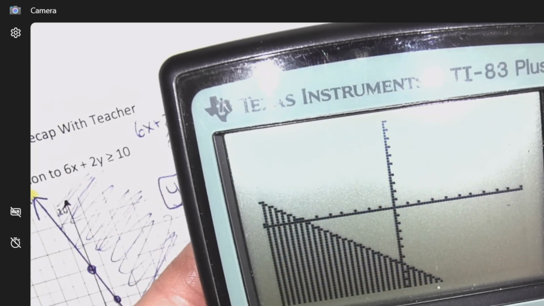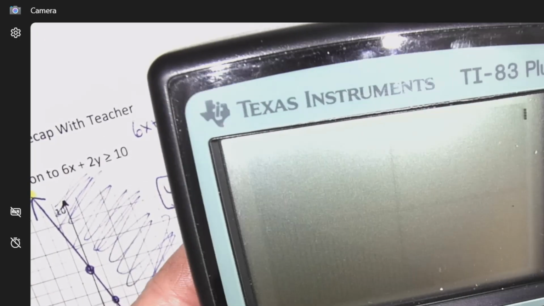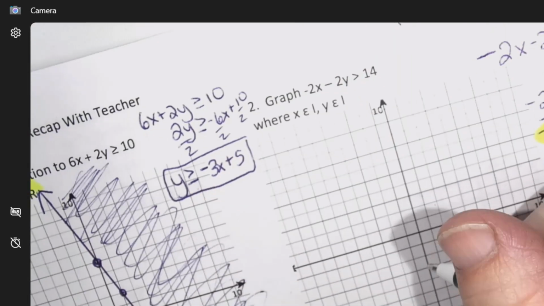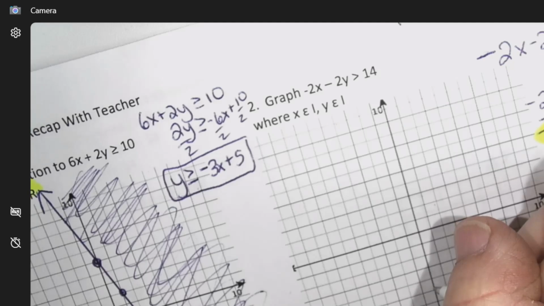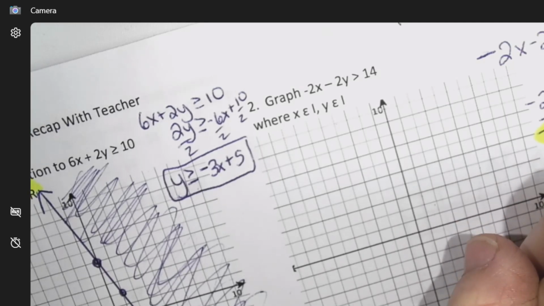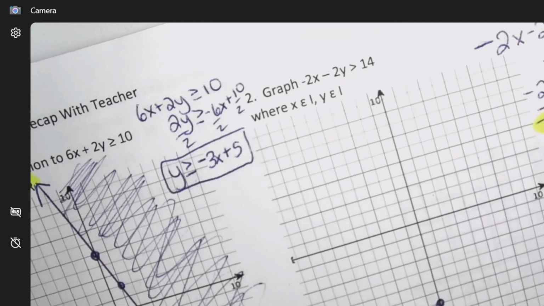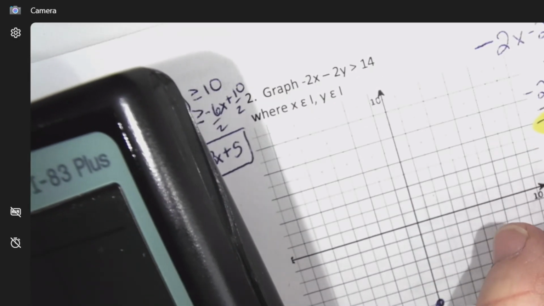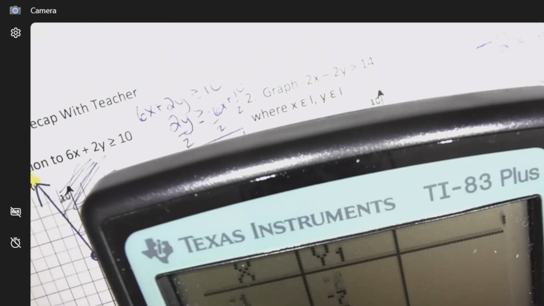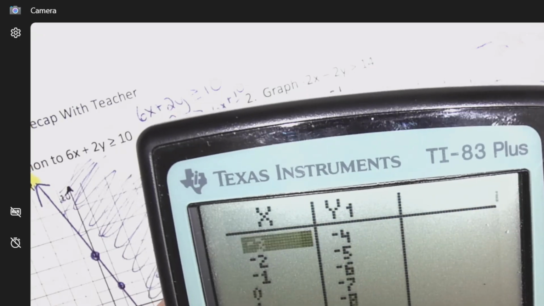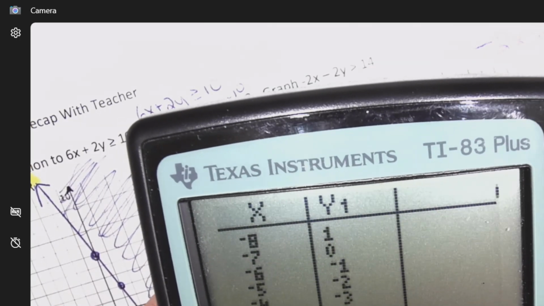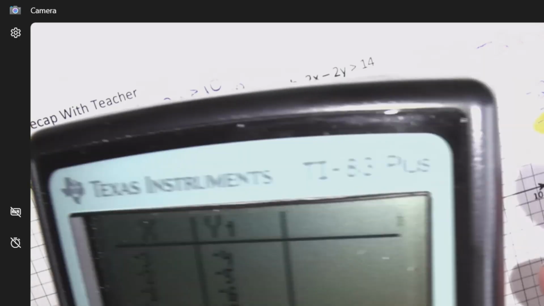So this is what it looks like. I'm going to go to my table just to have a few points. 0, negative 7. 1 comma negative 8. You can go up here as well, like that. Right? You can scroll around to get any points you want.